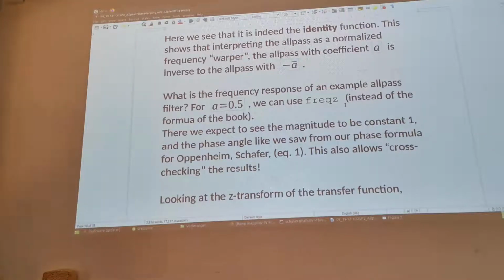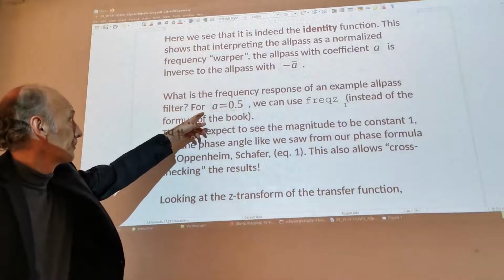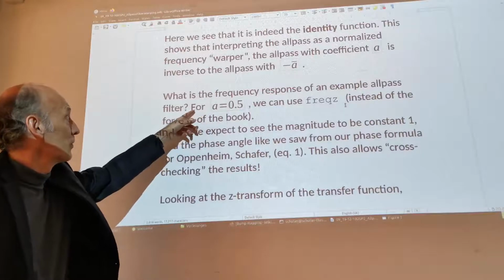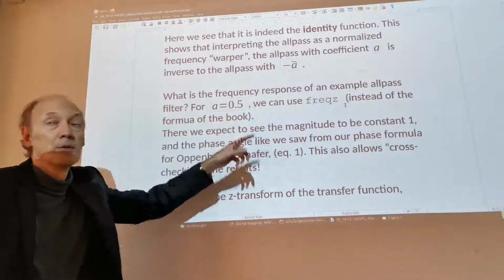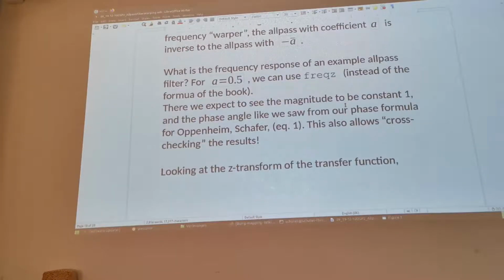And then we have an example, all-pass filter. So the frequency response for A equals 0.5. And we can use fractional. So instead of the formula from the book, we can now use fractional to plot the phase.